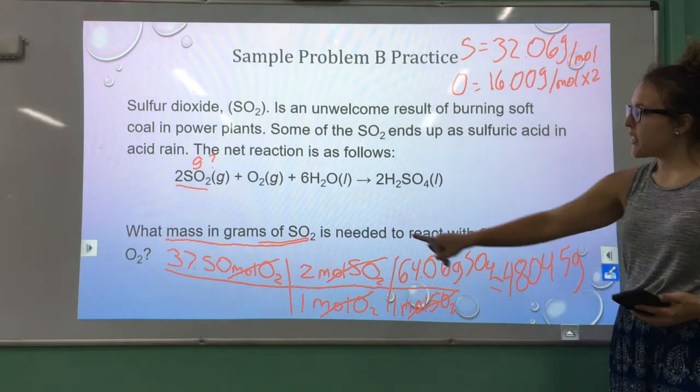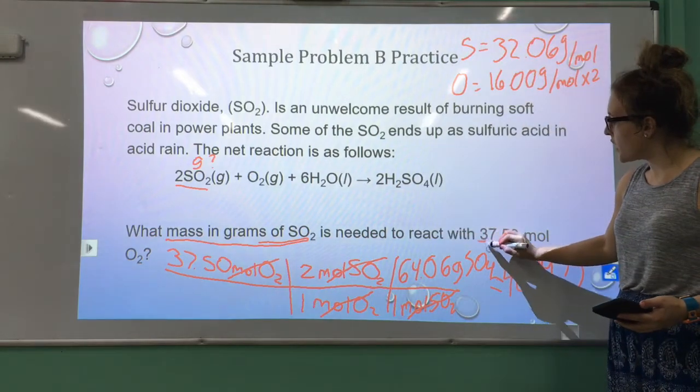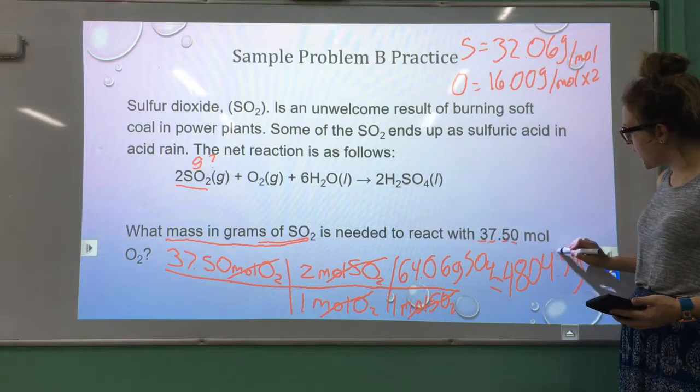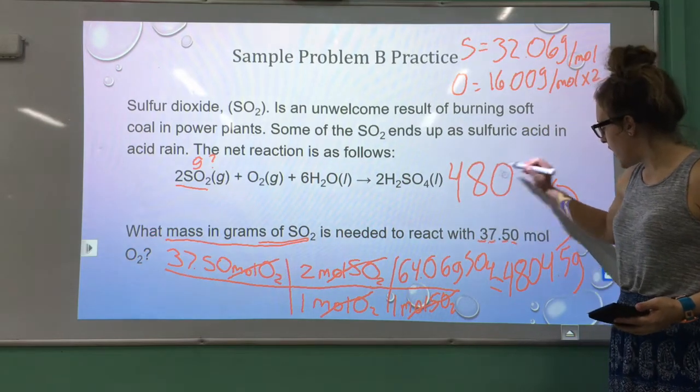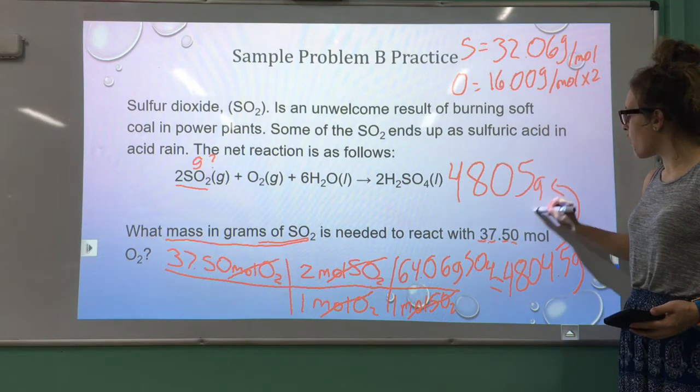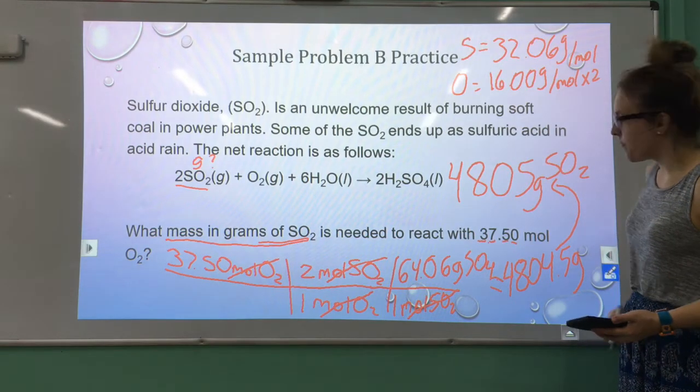But because our given has 1, 2, 3, 4 sig figs, we would round this to 4,805 grams of sulfur dioxide.